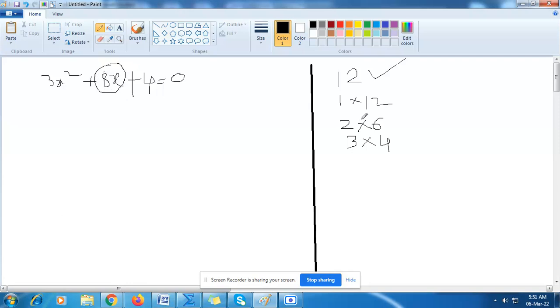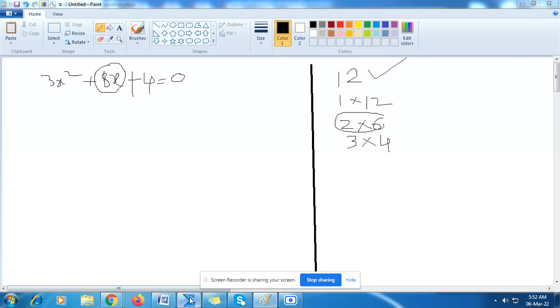So here the possibility for getting 8 is 2 plus 6 is 8. So we write first and last the same, but for 8x we write 2x plus 6x.